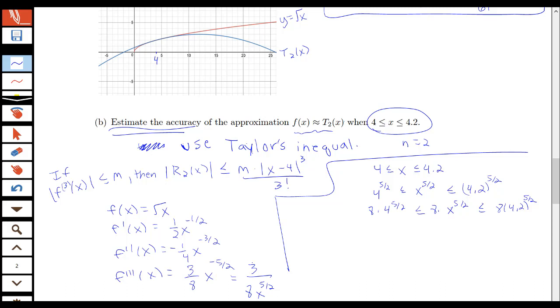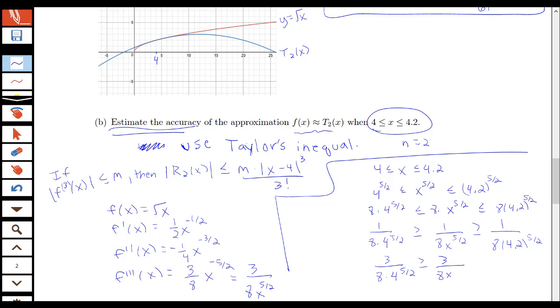Now, what I want is for that 8 x to the 5 halves to be in the denominator. So if I look at the reciprocal of each of these pieces, notice that that's going to change the direction of those inequality signs. Okay, and then the actual thing that I'm looking at has 3 over this 8 x to the 5 halves. So I could multiply each piece here by 3.